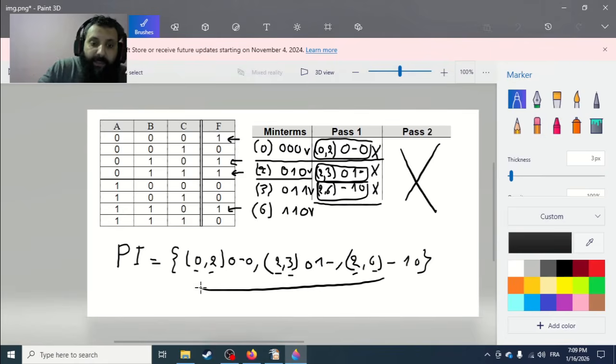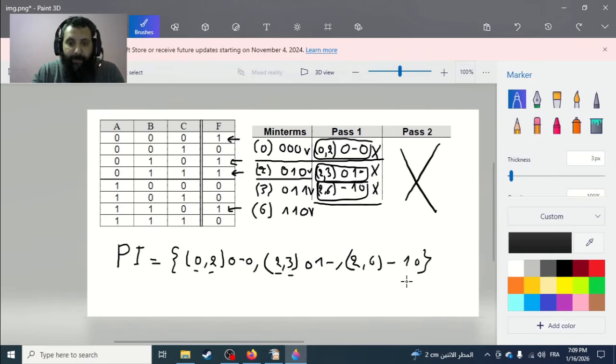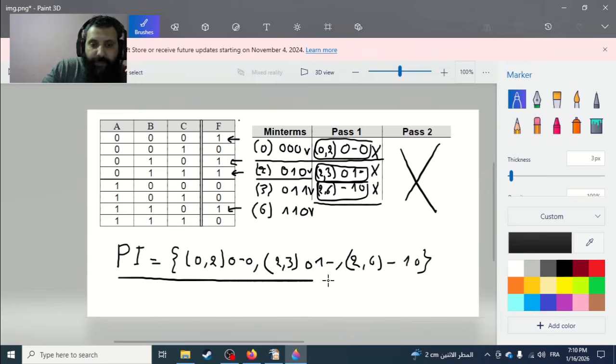We have all min terms represented here. They are reduced and represented in those prime implicants. If we are able to represent all min terms, that means we are representing all our Boolean function. Very good. At this position, we finish the first stage. This is the end of the first stage.